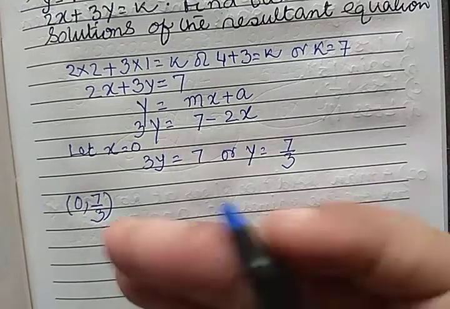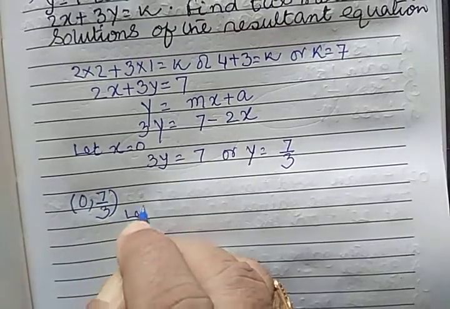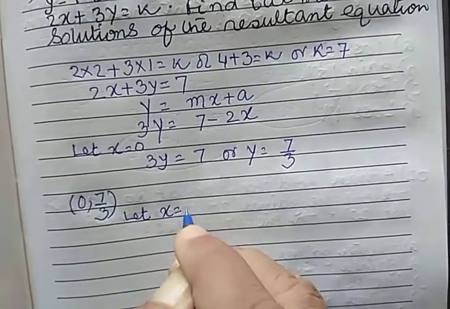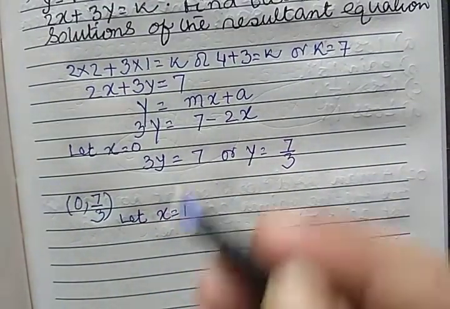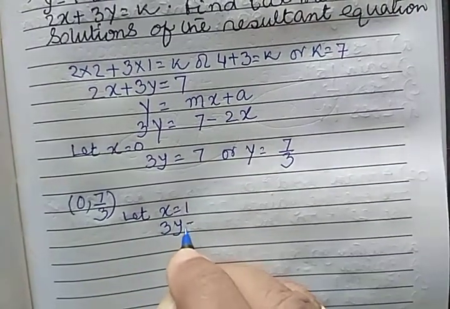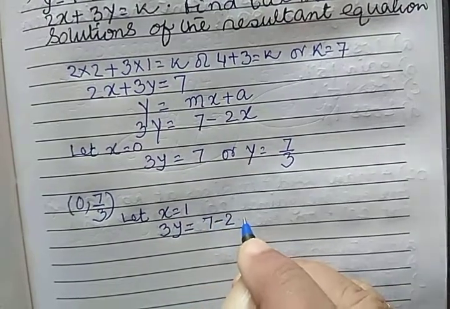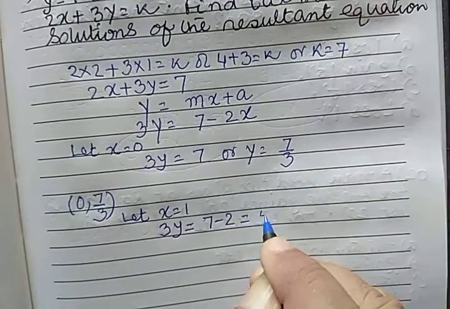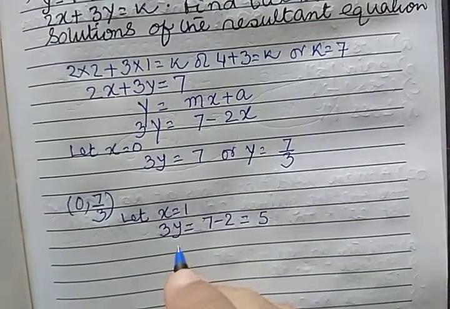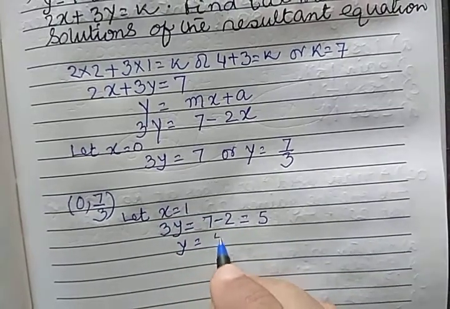So now let us take x = 1. Let us check what happens. 3y = 7 - 2. What is 7 minus 2? 5. Or y = 5/3, taking the 3 to the other side.